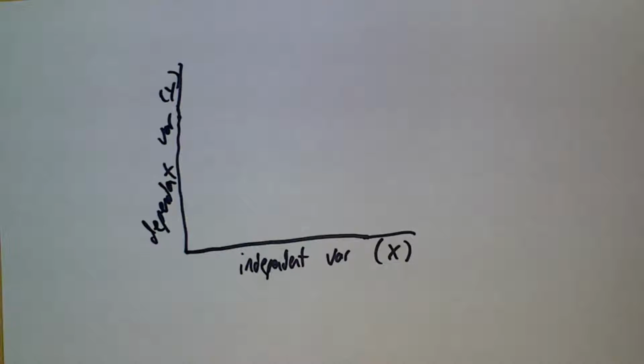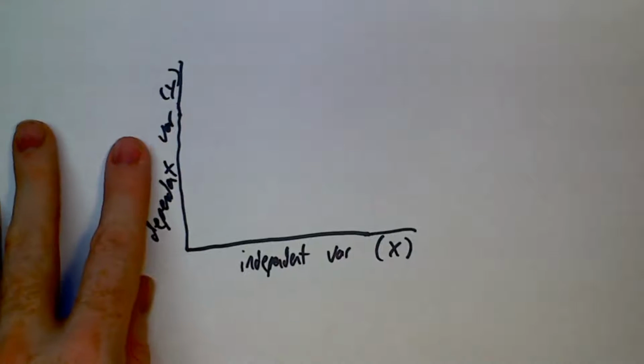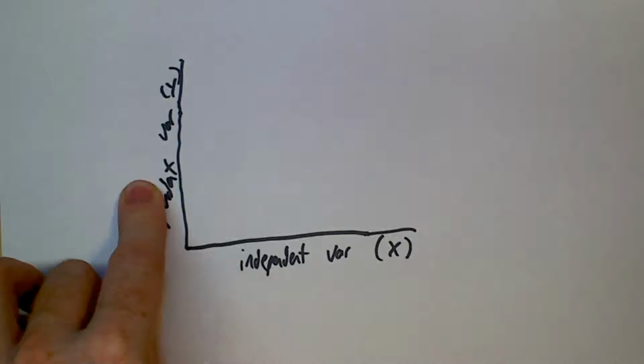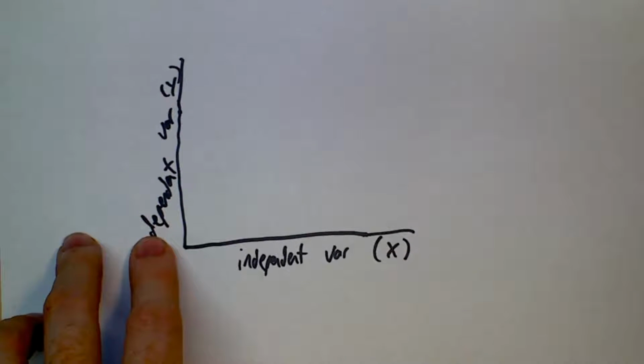We can't directly control how fat someone gets, but we can directly control how much pizza somebody eats. So the amount of pizza is our independent variable, and the fatness, we'd have to have some way of measuring that, maybe with body mass index or percentage of body fat, would be what we measure, and that would go on the y-axis.